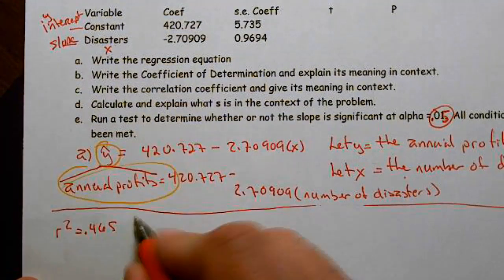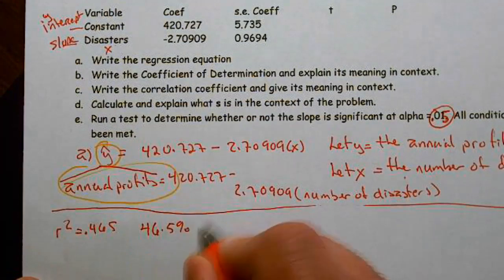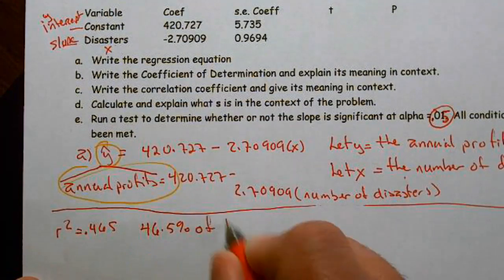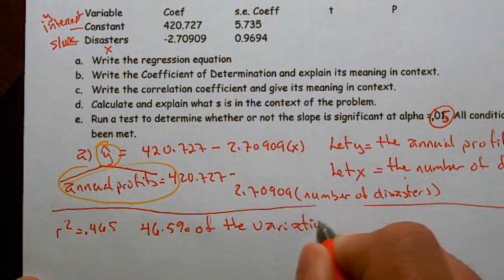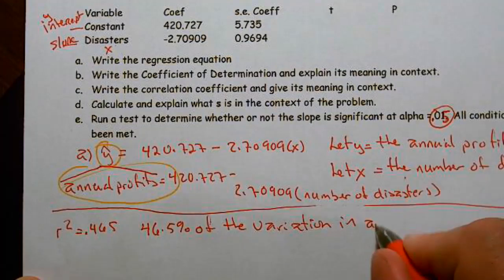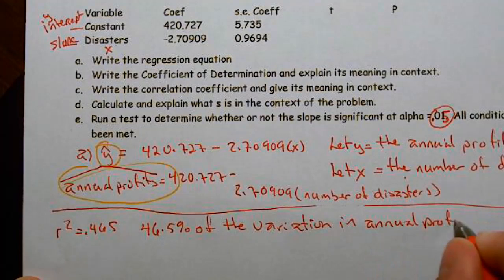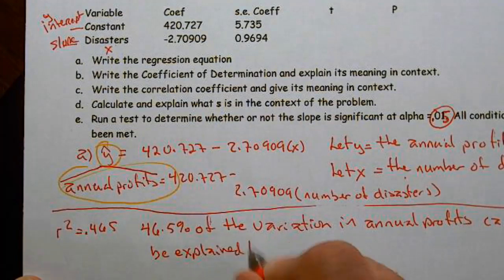All right, so 46.5% of the variation in y, so in annual profits, can be explained by what?